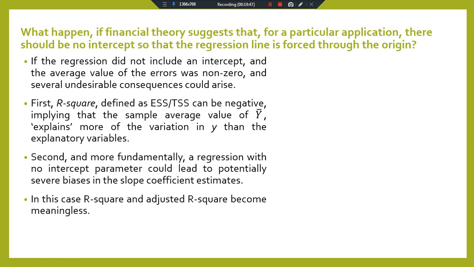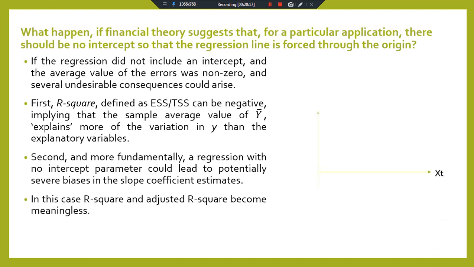So if much variation is explained by y bar, the mean value of y, then how can we say that the explanatory variables have much power to explain the dependent variable? In this case, the meaning of R square or adjusted R square is not important for the analysis or for policy implications.